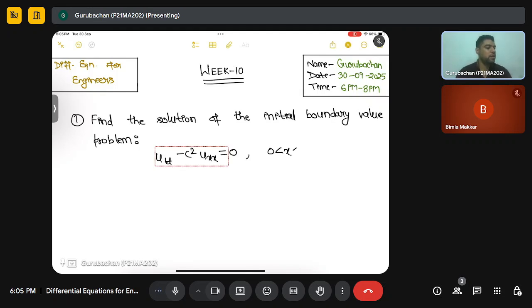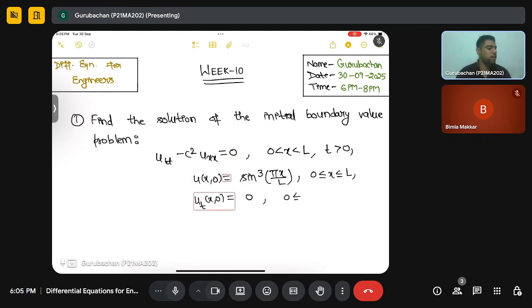Here x lies between 0 and L and t is greater than 0, and we are given u(x,0) is sin(3πx/L), where x lies between 0 and L. u_t(x,0) is 0 for the same values of x, and u(0,t) is 0 and u(L,t) is also 0 for t greater than or equal to 0.